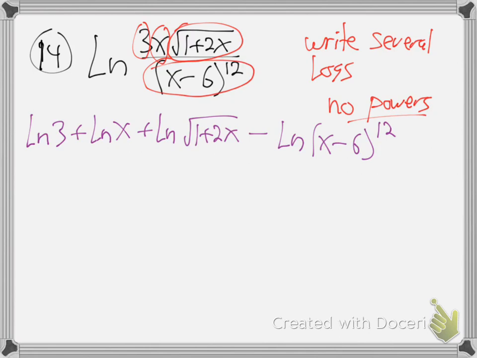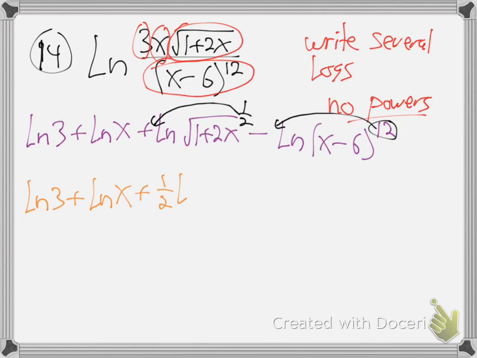So we'll just say, okay, this right here is really a 1/2 power to the front, and then this 12 to the front. And so, what do we get? ln 3 plus ln x plus a 1/2 ln 1 plus 2x minus 12 ln x minus 6. There we go.